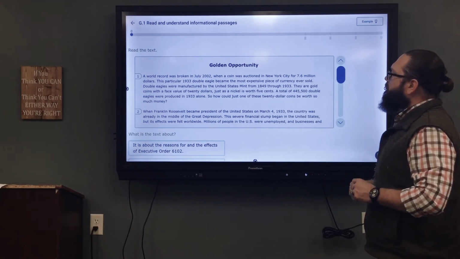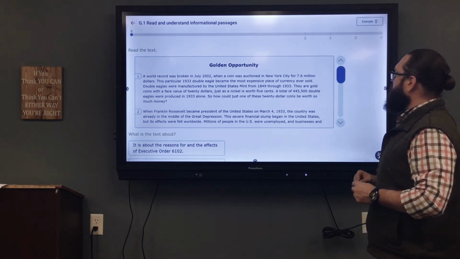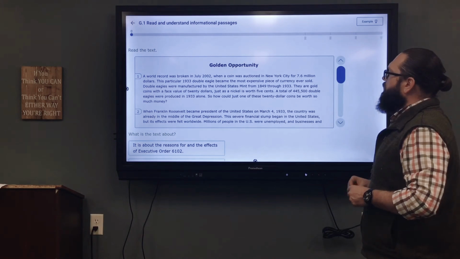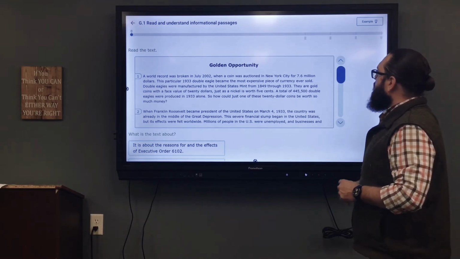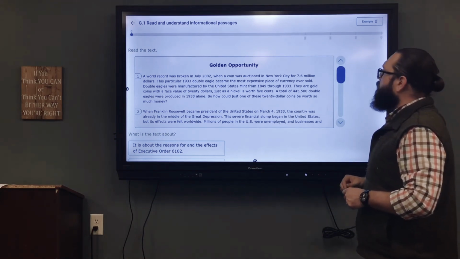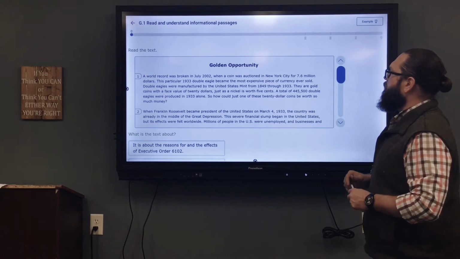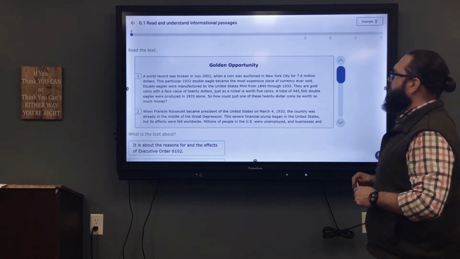Double eagles were manufactured by the United States Mint from 1849 through 1933. They are gold coins with a face value of $20, just as a nickel is worth 5 cents. A total of 445,500 double eagles were produced in 1933 alone. So how could just one of these $20 coins be worth so much money?